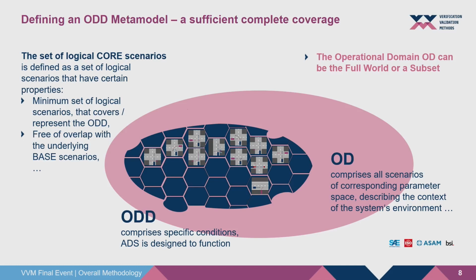In Pegasus, we looked at highway scenarios. Here in VVM methods, we look at urban scenarios. So we redefine the way of modeling the dynamic constellation of the dynamic objects.